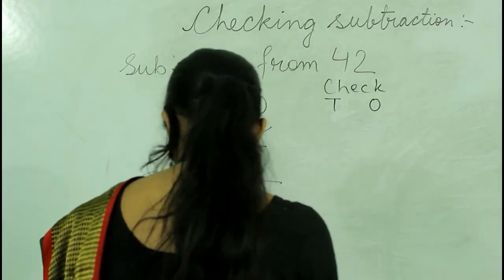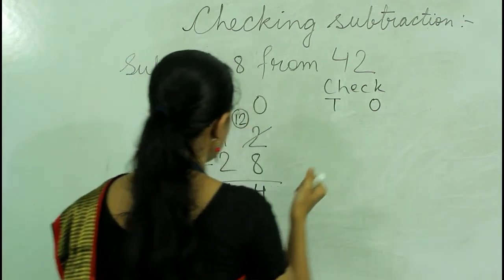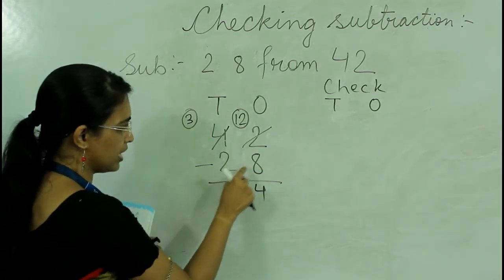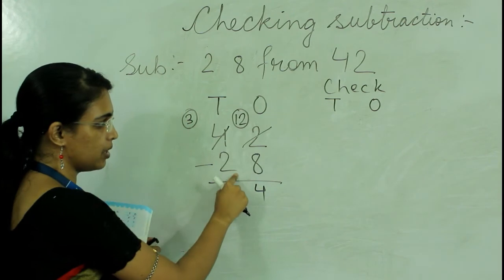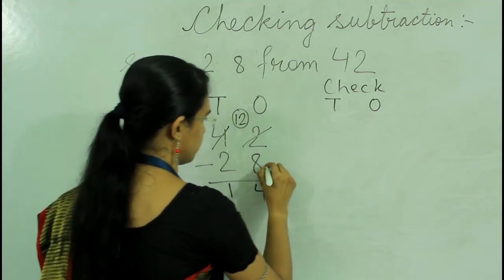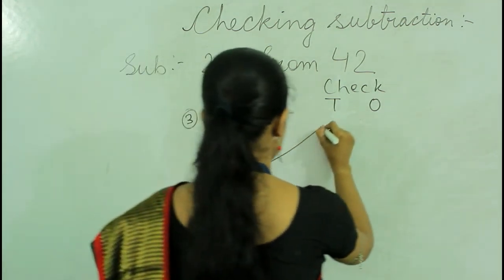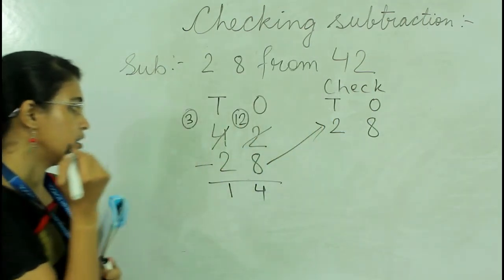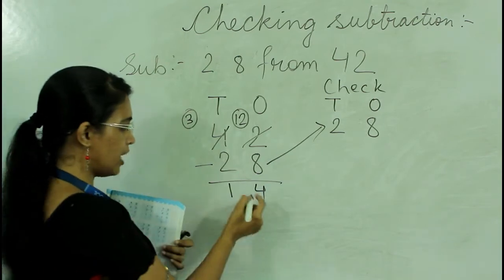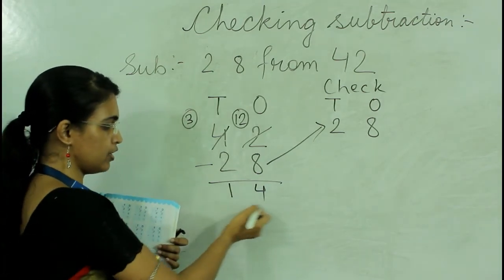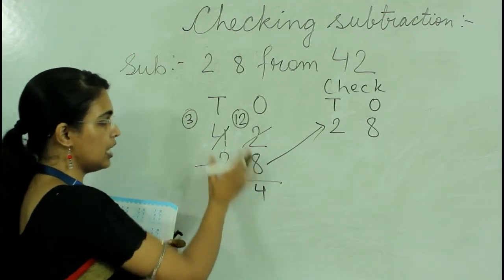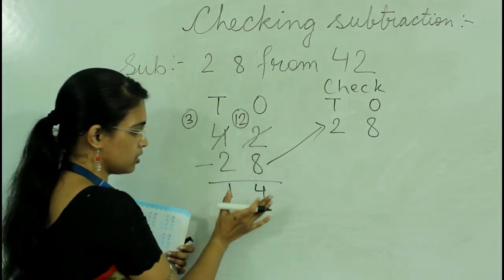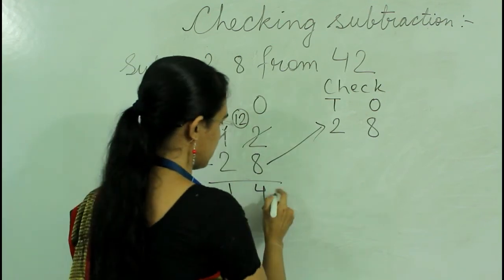Now what do you have to do? When you are doing this check method, you have to write the second number at the top. This one, 28. Then you have to write the answer you got after subtracting, in the second place.